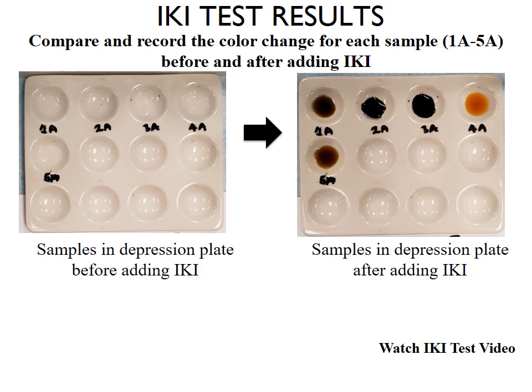And you can see the samples before I added the IKI, with just your sample inside, and then after adding the IKI, you can see the differences in the color even between the different samples.